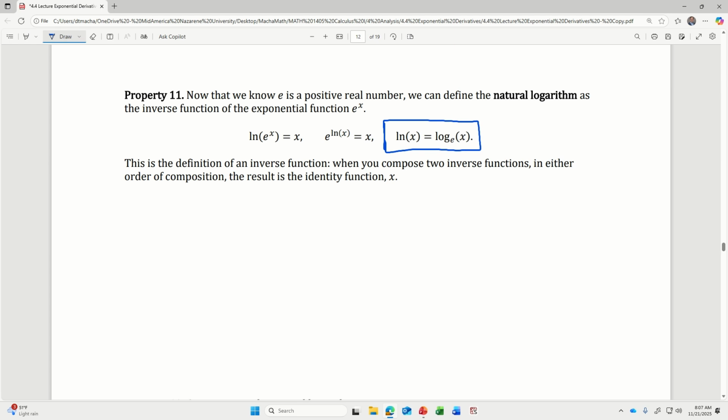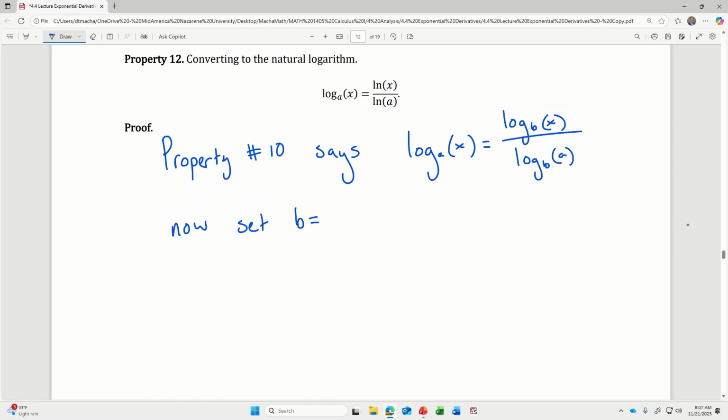So if I take that change of basis formula and I set the b equal to Euler's number, then I get the logarithm base a of x is equal to the logarithm base e of x over the logarithm base e of a, and that is the natural log.